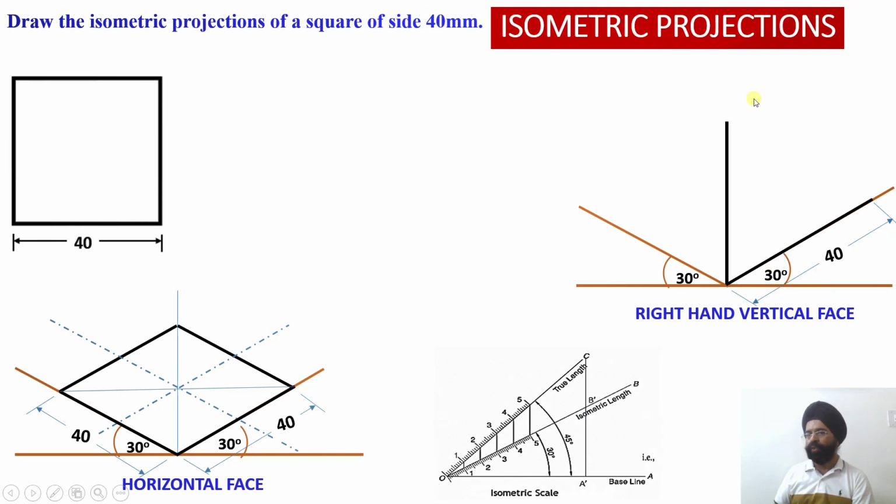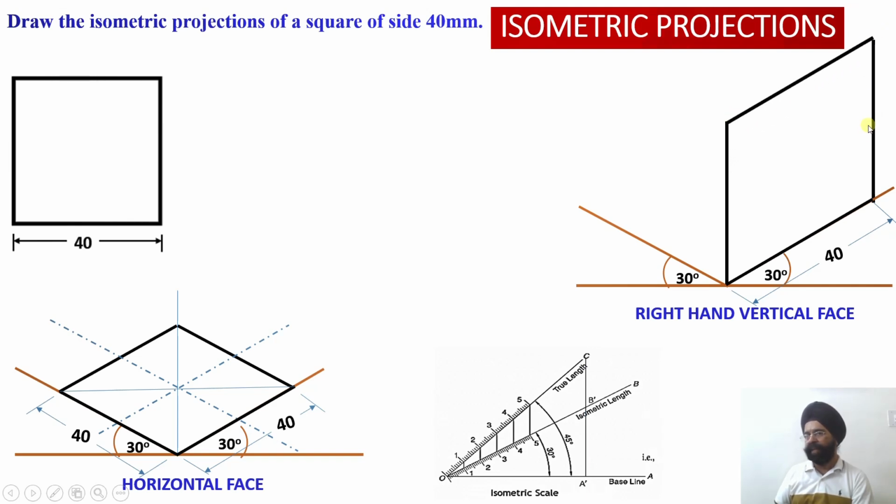Now, the remaining two edges of the square can be worked out by drawing two isometric lines parallel to the existing edges of the square which we had obtained previously. Now you see, this edge is again parallel to the isometric axis, so this is the isometric line.